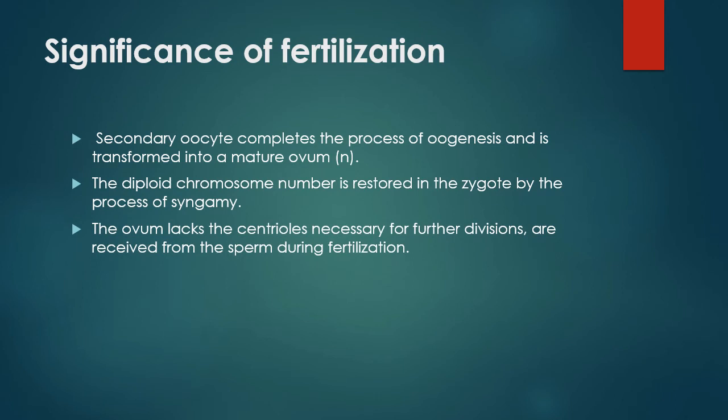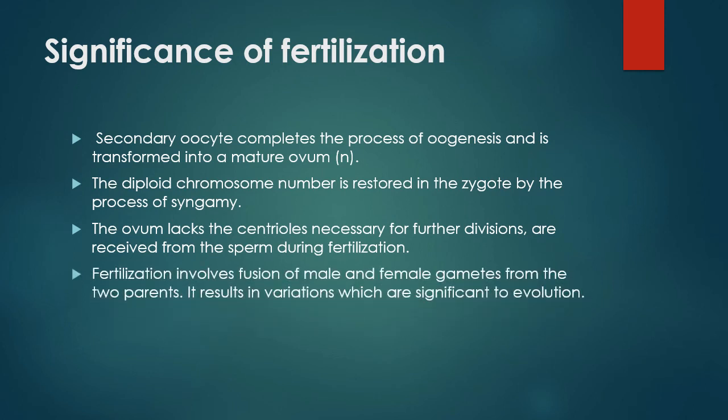The ovum lacks the centrioles necessary for further divisions; they are received from the sperm during fertilization. Fertilization involves fusion of male and female gametes from the two parents. It results in variations which are significant to evolution. Sex of the offspring is determined.